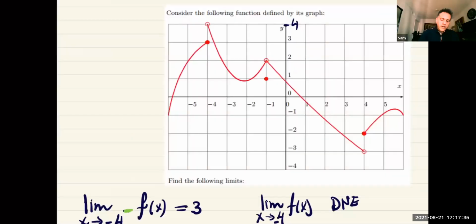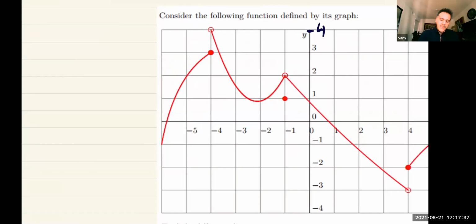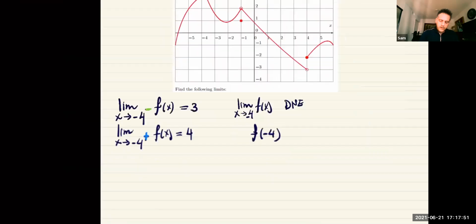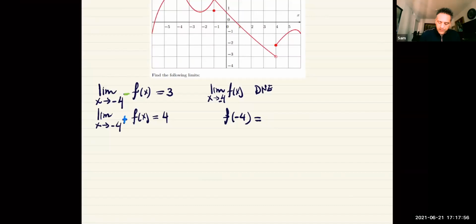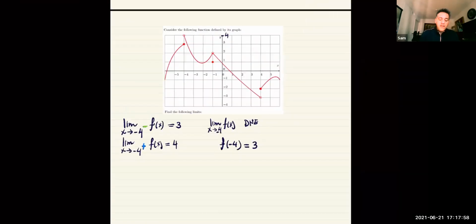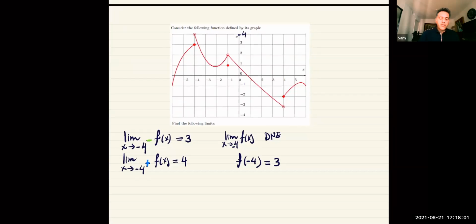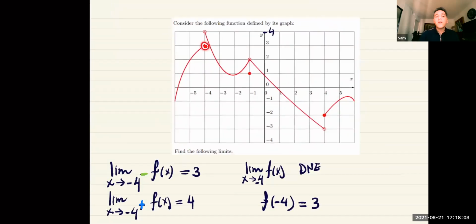So if you look at the graph, at -4, there's a hole here, which means this is not going to give you the value of f, and this is not a hole. This is included, and here the y value is 3. Very good. So this function is defined at -4. Now, in the case where this was a hole also, f of -4 would not exist.